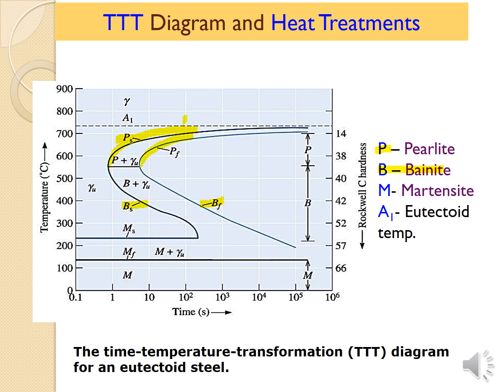This is the bainite start-to-transform line and the bainite finished-transform line. All the heat treatment should start from above the eutectoid temperature, which means we should austenitize the alloy before we heat treat it. That's the A1, 727 degrees Celsius, the eutectoid temperature.